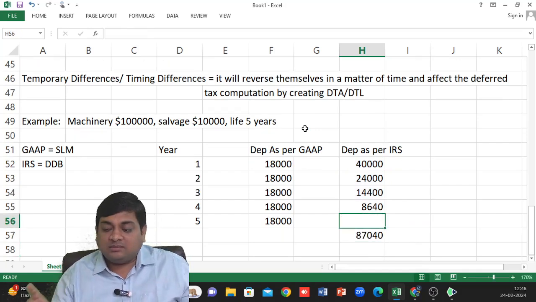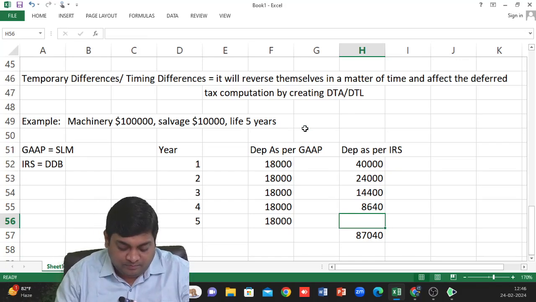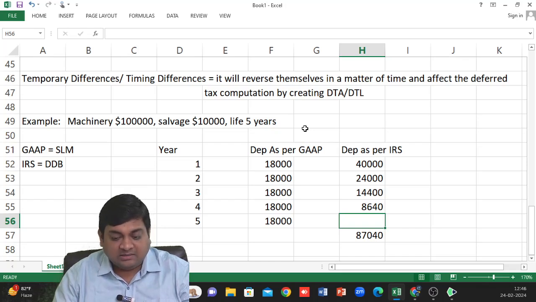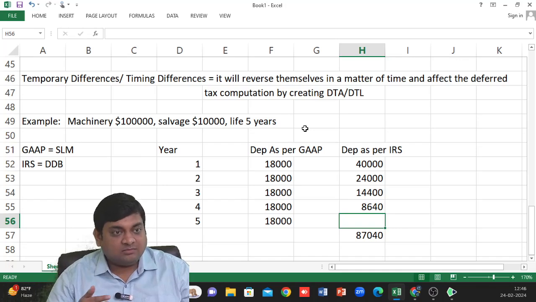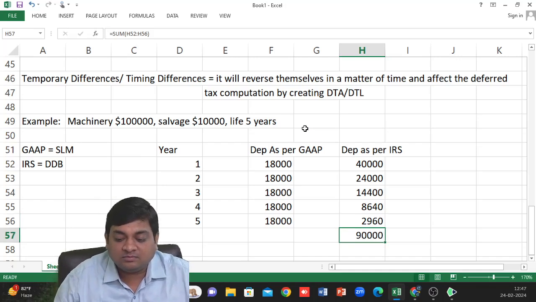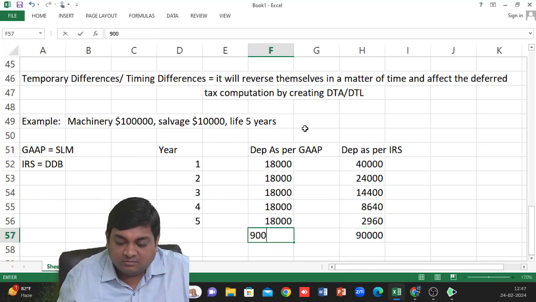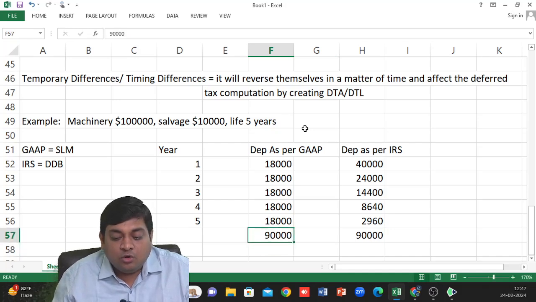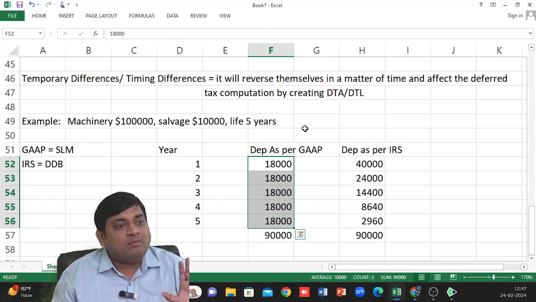Then we are left with 12,960. 40% of that is, but maximum depreciation will be 2,960. Right? So over 5 years you can see total depreciation will be maximum 90.